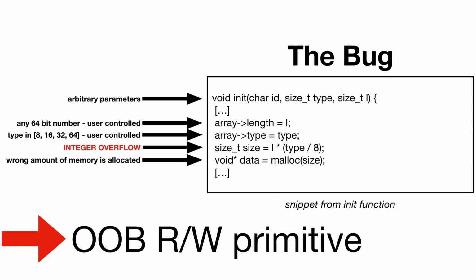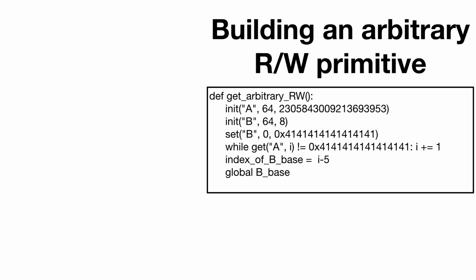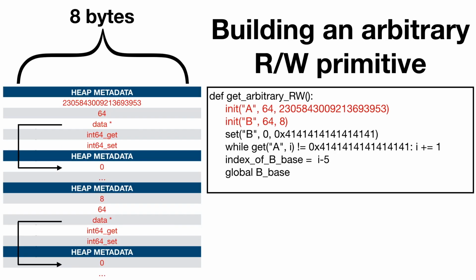So now upon this primitive we can build an arbitrary read and write. Let's see how. First we allocate an array which exploits the integer overflow, followed by another array which is normal.